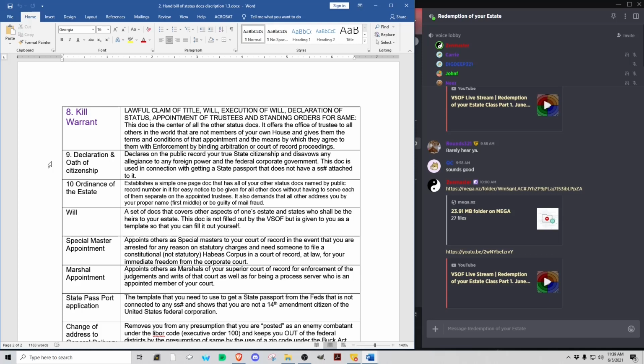We wrote the Declaration and Oath of Citizenship based upon the Expatriation Act and a lot of other law. There are a lot of sections of law in the Declaration and Oath of Citizenship. I did a lot of it, but actually most of it was done by Blue Star, who's one of the editors of the VSOF.